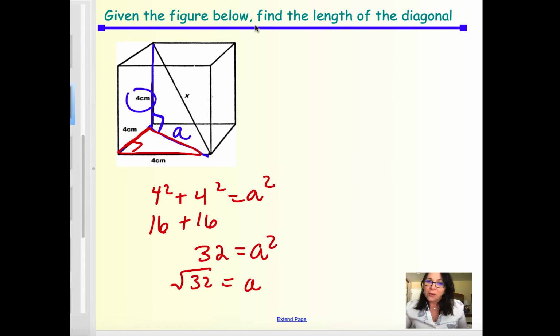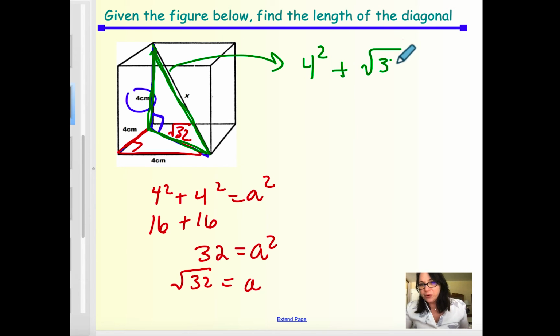So now, instead of a here, I'm going to erase this a, and I'm going to put the square root of 32. So now I can find x by using this length squared plus this length squared is going to give me that length squared, leg squared plus leg squared. So now I'm going to go for this triangle, 4 squared plus the square root of 32 squared is equal to x squared.